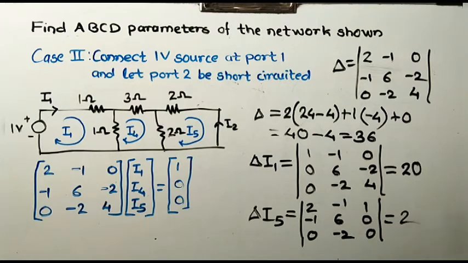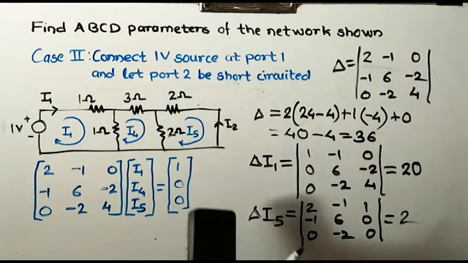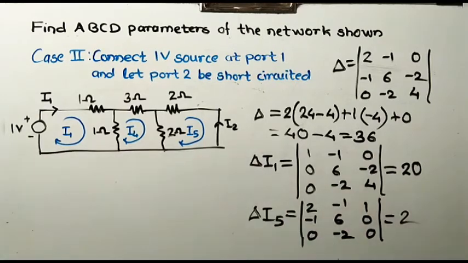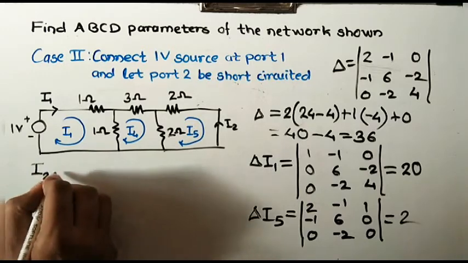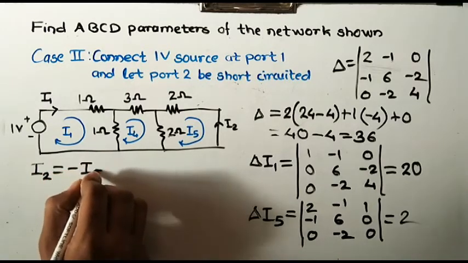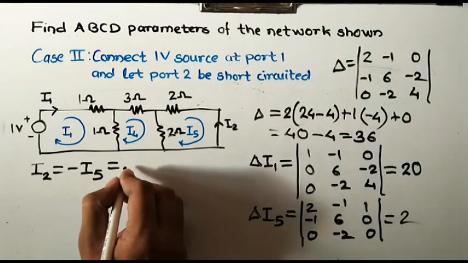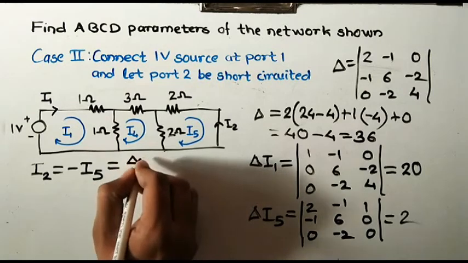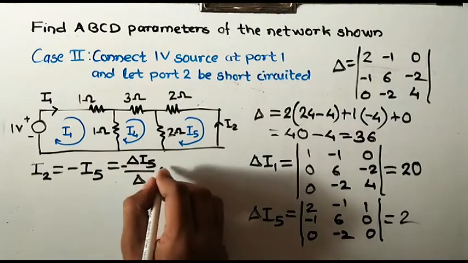Now we have got delta I1 and delta I5. We know the value of V1, it is nothing but 1 volt. I2 is equal to minus I5. As per this diagram, you can easily find that I2 is equal to minus I5, and therefore I2 will be equal to delta I5 upon delta with a negative sign.